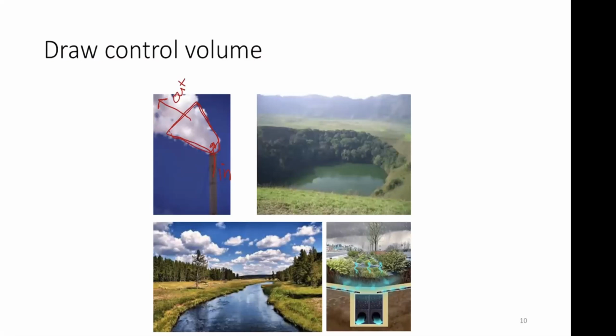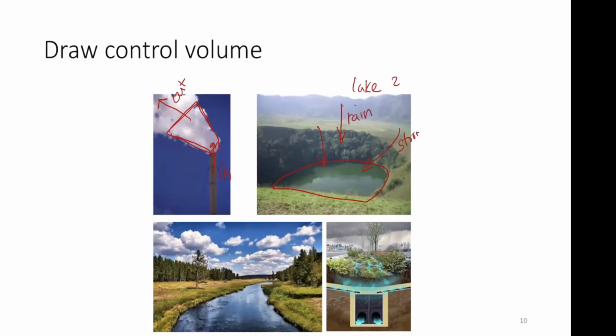So what about here, the second one, which is a lake? Well, you can draw anywhere, but you are interested in water, so why not draw the boundary based on the water level? So I'm going to say this is my boundary. That means water that comes in because of rain, storm water. First is rainfall, rain is coming in.